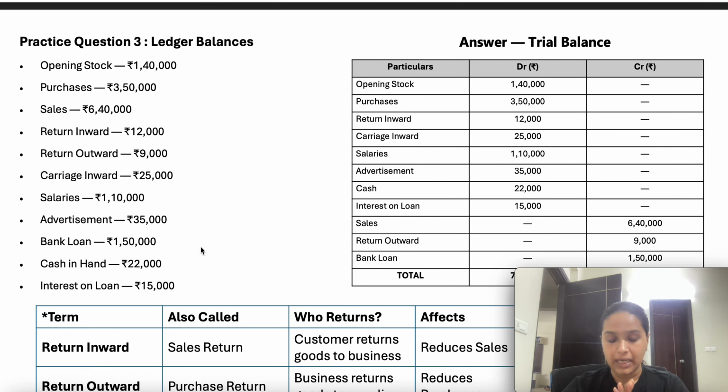Okay, I'm summarizing the trial balance again. It is just a statement where we summarize all the balances according to their debit and credit balance. In the debit side, we disclose all the accounts which have a debit balance, and in the credit side, all those accounts which have a credit balance. In total, debit and credit side should reconcile with each other.